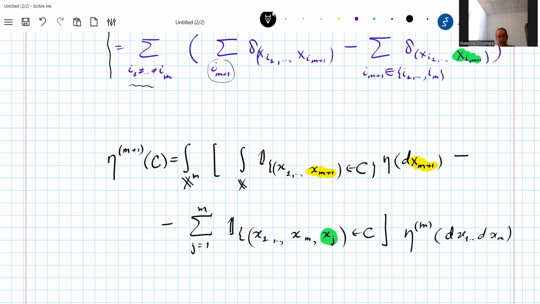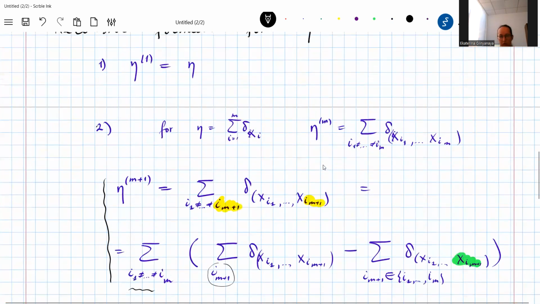So here you can see that we obtain the recursive formula for a sequence of measures, and this formula is true for such measures of the form of a finite number of delta measures at random points.